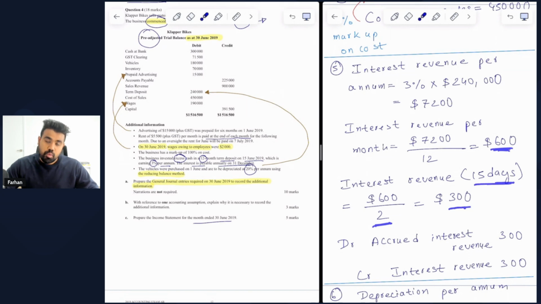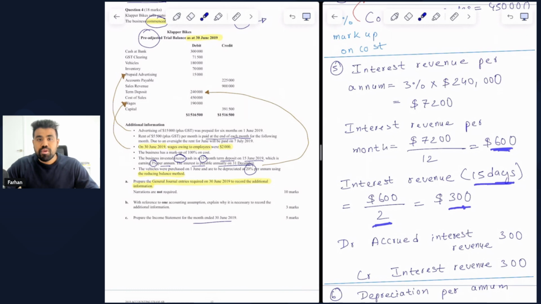All right. Now we understand that this interest revenue is something we still haven't got in cash or in terms of revenue yet on 30 June 2019. This is expected to be received at the end of 31 December 2019.